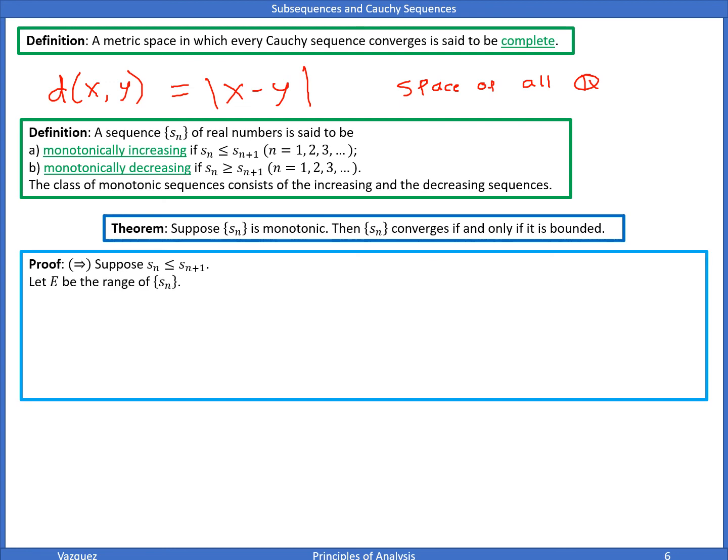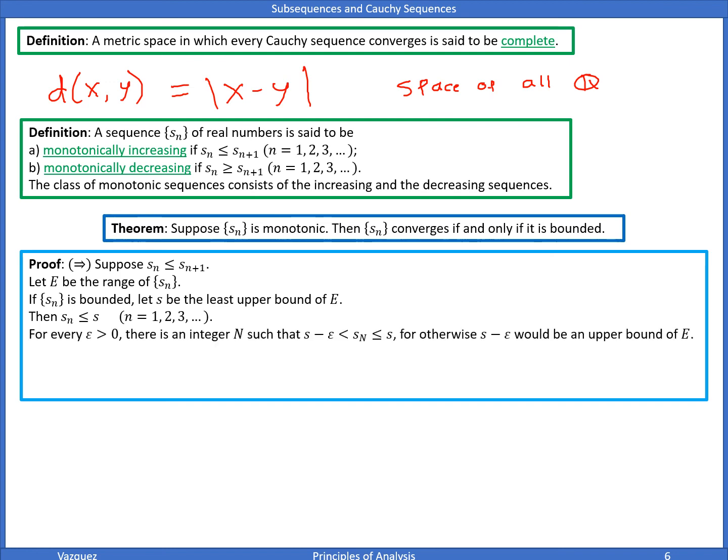So let E be the range of the sequence S sub n. Now if S sub n is bounded, we'll let s be the least upper bound of E, right? It's the supremum of E. That means that all the terms of the sequence must be less than or equal to the supremum, right? That's just the definition of least upper bound.